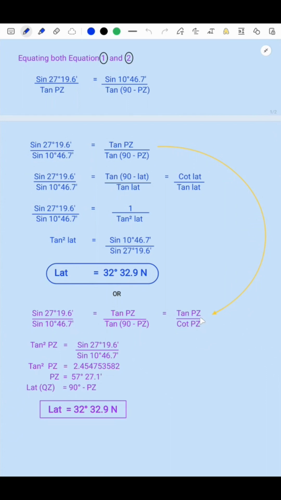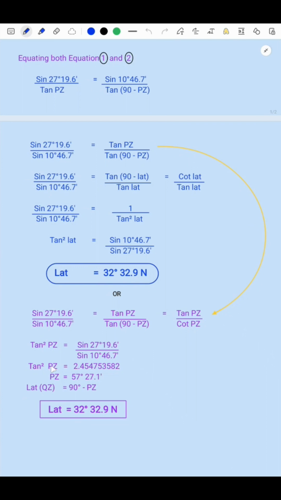So cot can also be written as 1 by tan, so it goes on top, then tan square PZ. Tan square PZ is equal to sine 27 degree 19.6 divided by sine 10 degree 46.7.